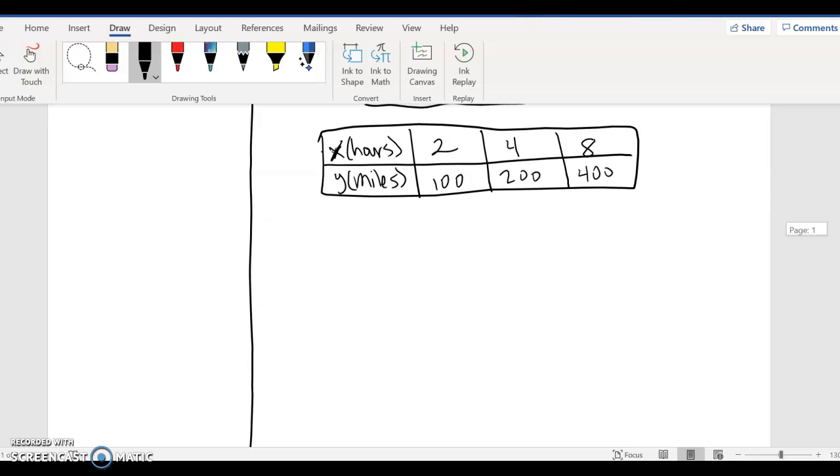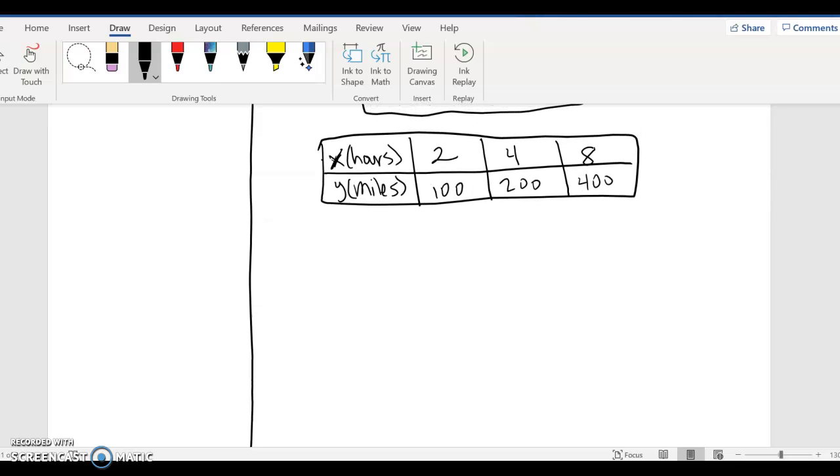Okay? And it's important, you can look at this table right off the bat before we go any farther than that and try to identify if there's any pattern that you may see. And if you look at our top row, our x's, to get from 2 to 4, all I would have to do is multiply by 2. 2 times 2 is 4.